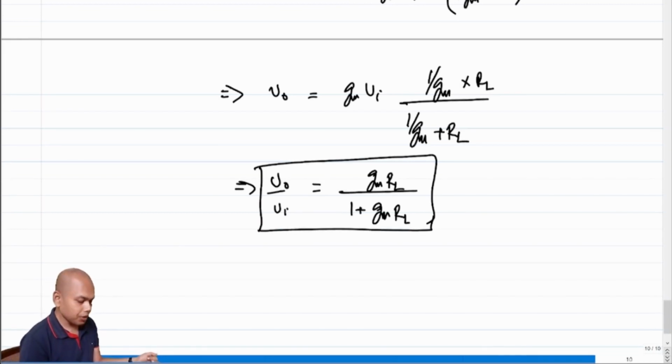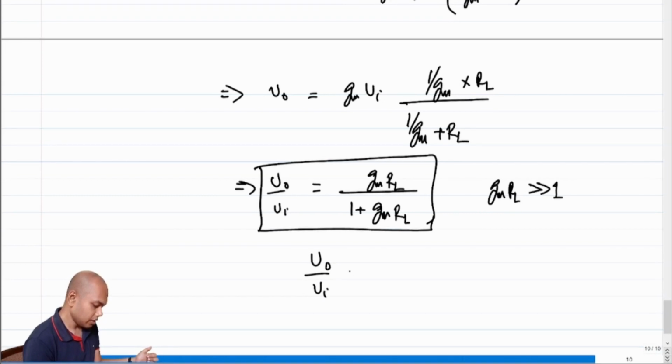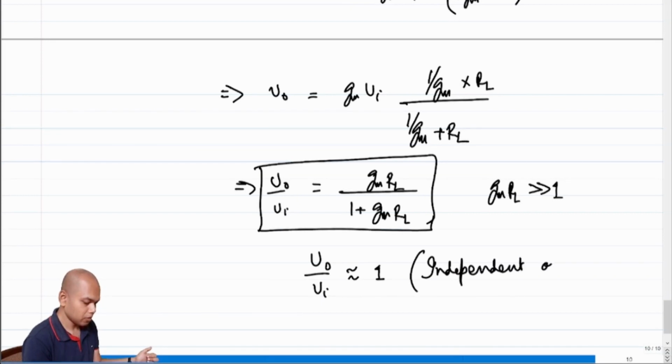And what did we know? We know that the constant that we originally had was gm times RL is much greater than 1, right? That's how we had sized it initially. If this is the case, then V naught over Vi is approximately equal to 1. This is independent of RL.